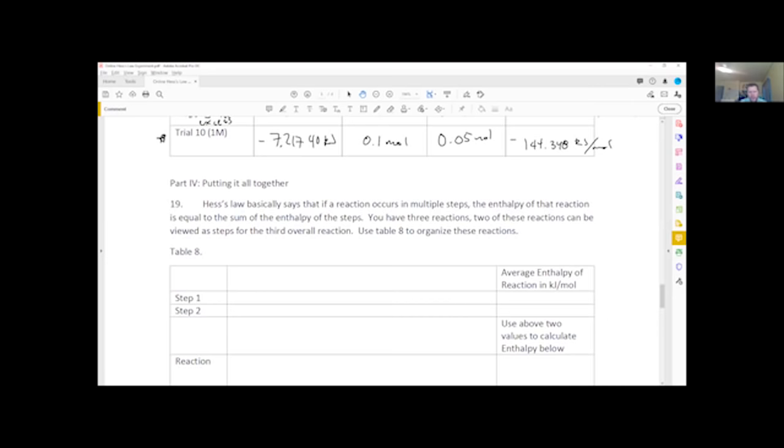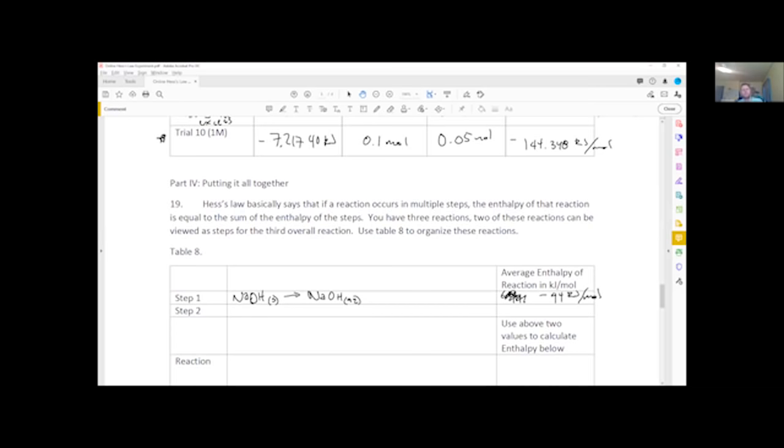The first reaction, my step number 1, is NaOH solid being converted to NaOH aqueous. I had a delta H there of approximately negative 44 kilojoules per mole.